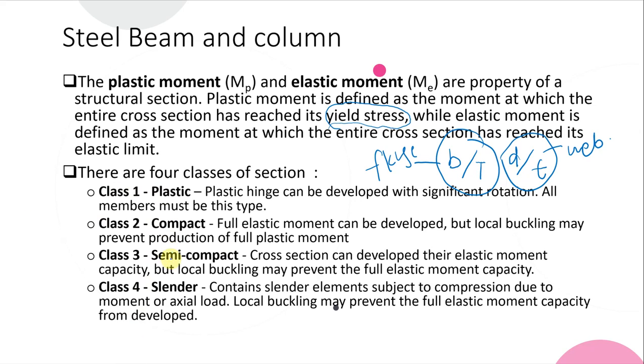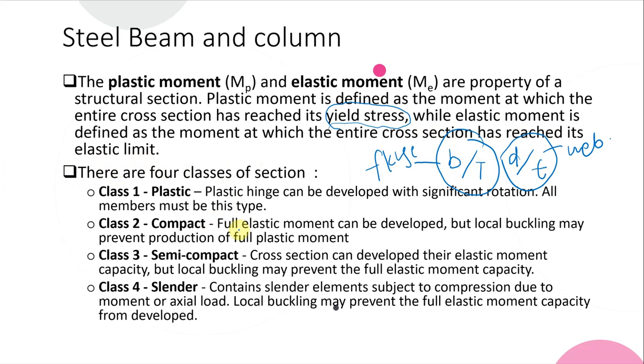Okay, and then class 2 compact, full elastic moment can be developed. Okay, but local buckling may prevent production of full plastic moment. Okay, elastic moment ni, tengok balik elastic moment apa maksud dia kat atas ni. Okay, elastic moment is defined as moment at which entire cross section has reached its elastic limit.